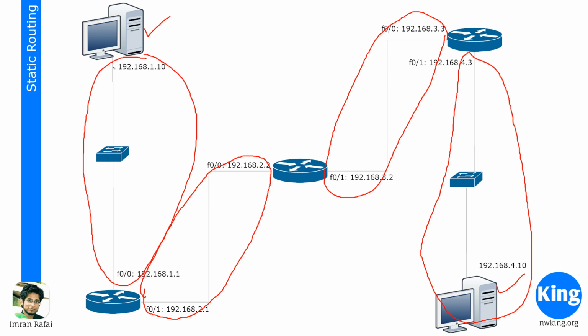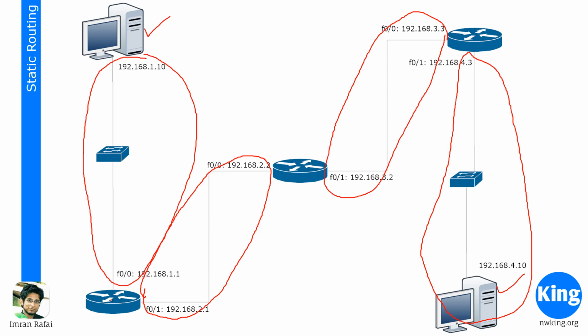So it'll put the source IP address, destination IP address, source MAC address, destination MAC address, and send that here. This device gets it, strips the layer 2 information, that is the MAC address. It looks at layer 3 information, sees the data is going to 192.168.4.10, and says, okay, I'm not 4.10, so this data is going through me, it's not to me.